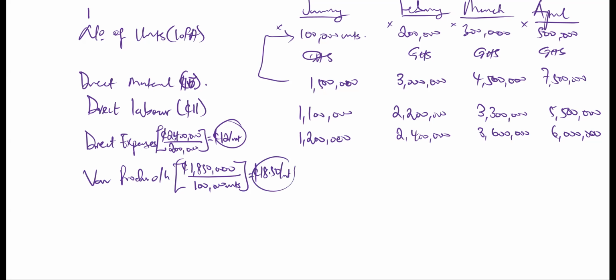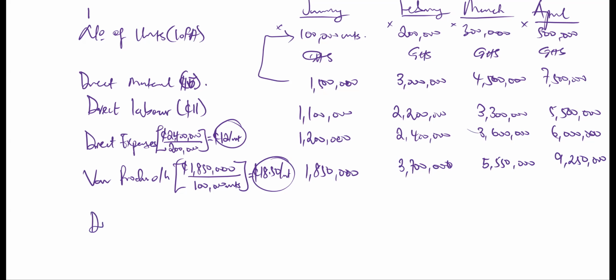Now we multiply by each level because it's variable. 1,850,000, which confirms what we had, then by 200,000 that gives us 3.7 million, then 5,550,000, then the last one, 9,250,000. That was it.